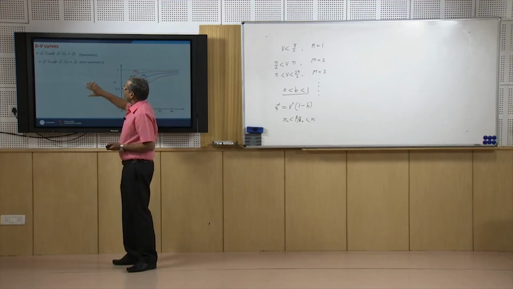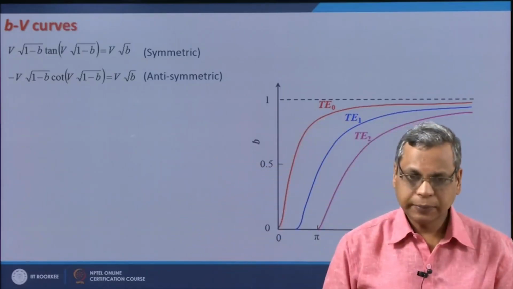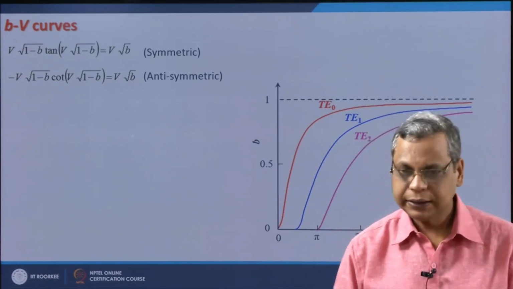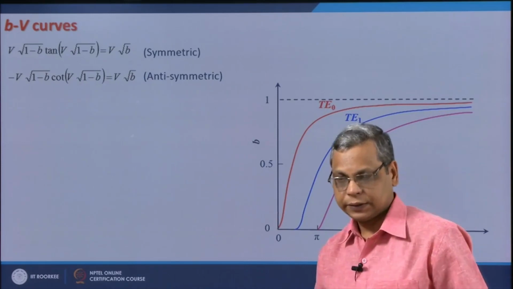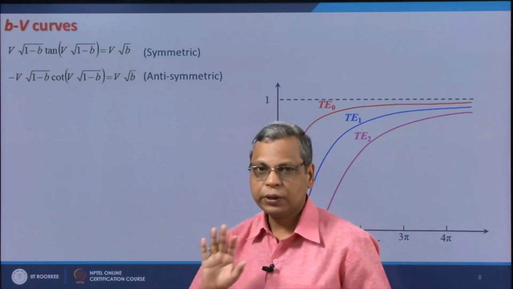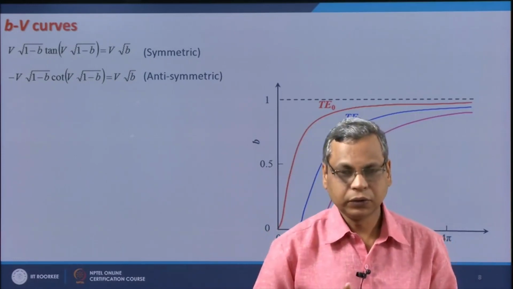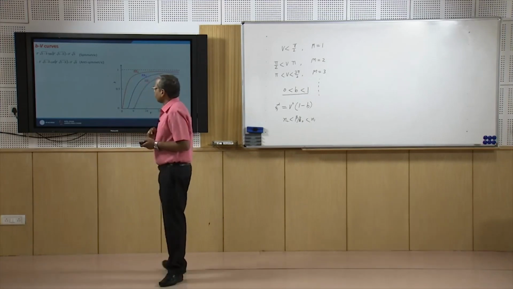Now, a very beautiful thing about these normalized parameters is that they are independent of waveguide parameters. I get these two equations and these two are purely mathematical transcendental equations.